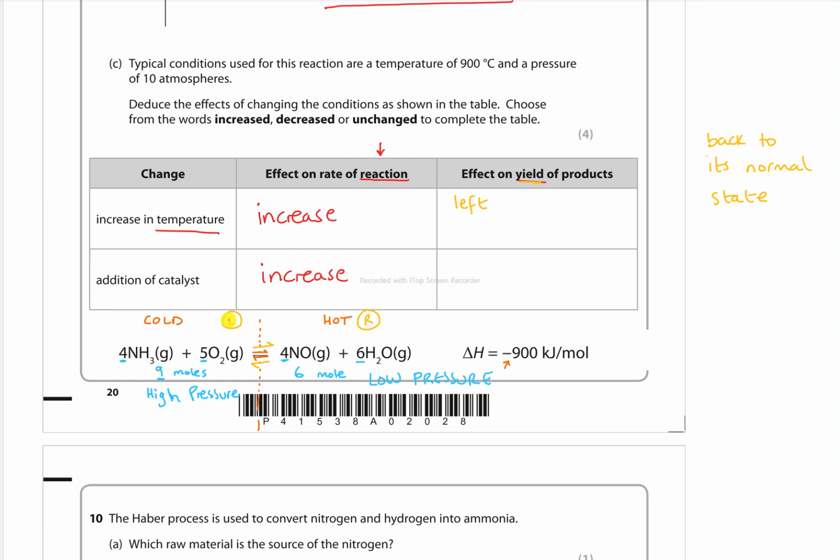Right. This has got a low yield. If you go to the left every time, you will end up with a low yield. This will have a high yield.